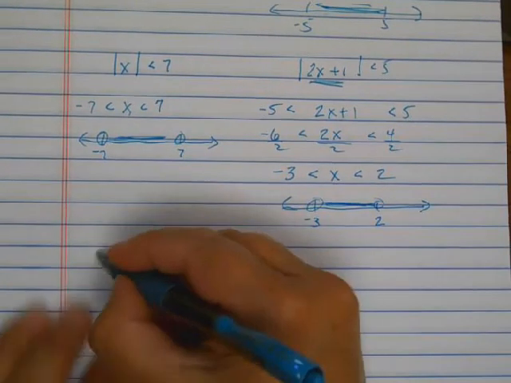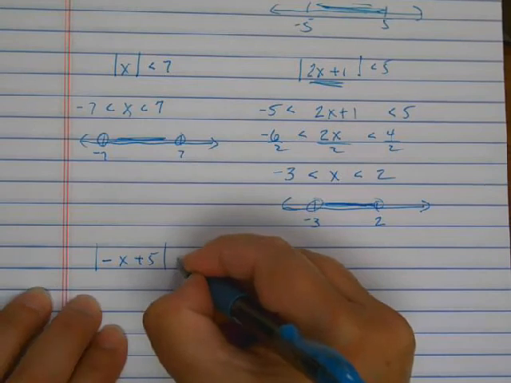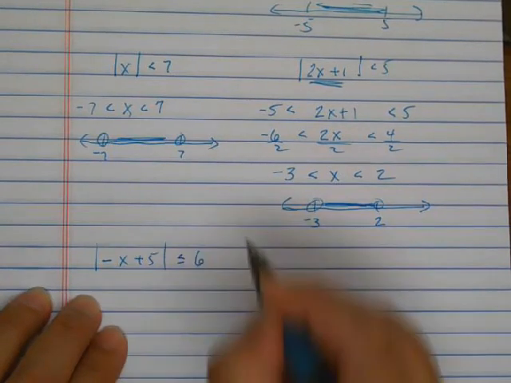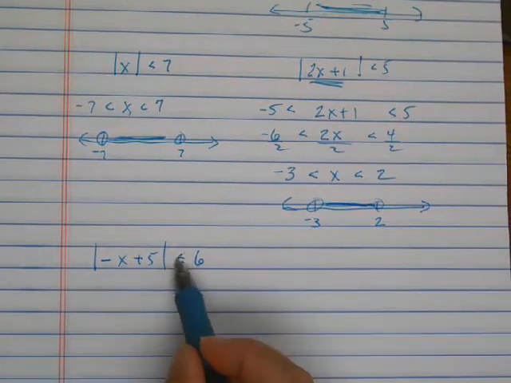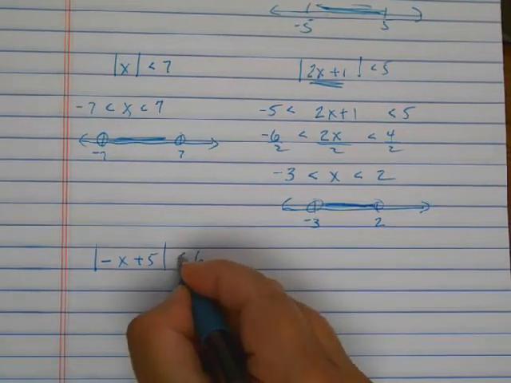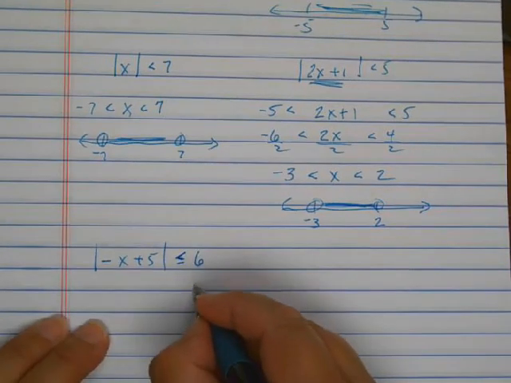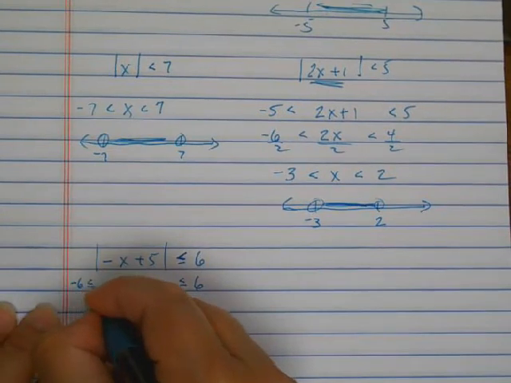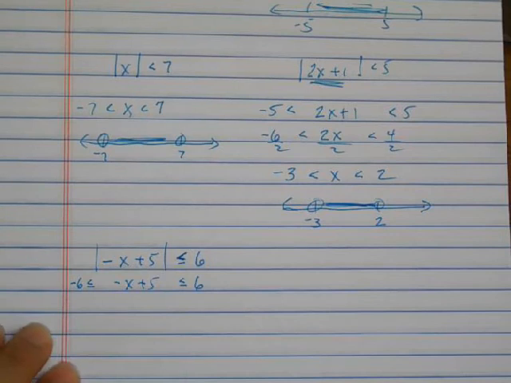Let's do the absolute value of -x plus 5 is less than or equal to, let's make it 6 this time. So since this is a less than, and a lot of students remember since it's pointing towards the absolute value bars, I know that my answer is going to be somewhere between 6 and -6. And then I've got this expression in between.